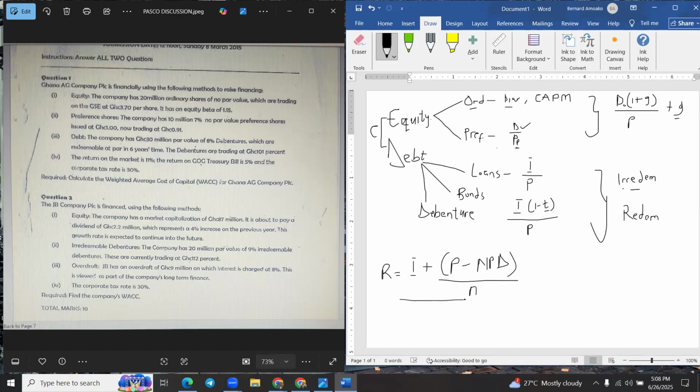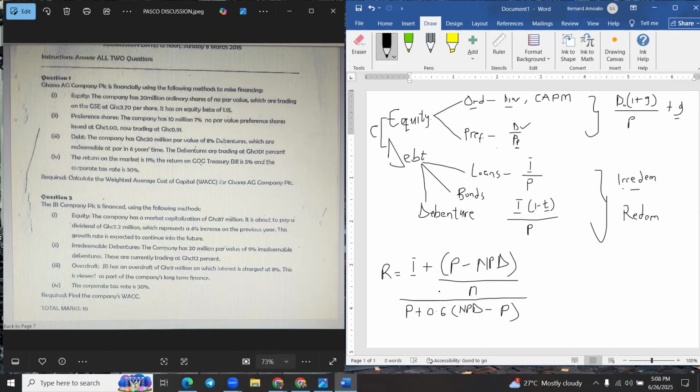Then you divide the entire thing by the face value again, plus a constant figure of 0.6, multiplying this time around the net proceeds from disposal or the market value of the debt minus the face value of the debt.